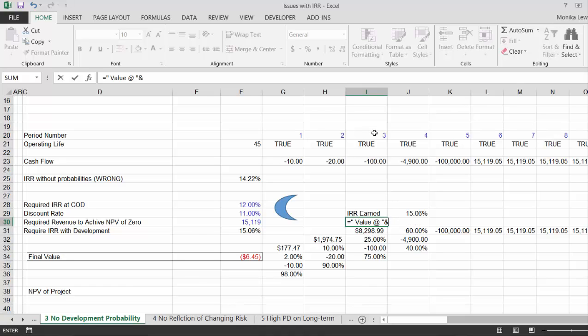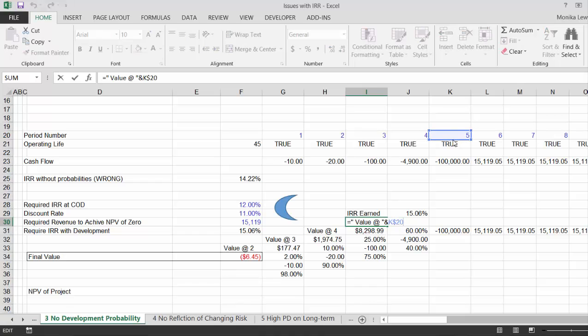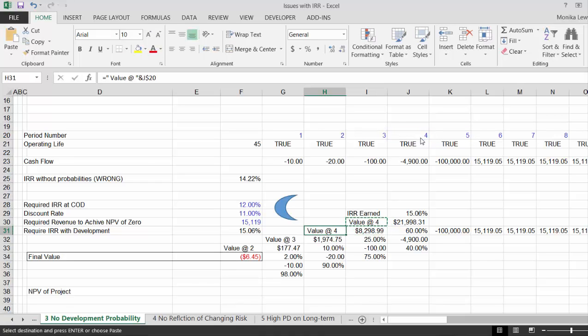I got it wrong by one, but okay. So this is the value at year one, okay?